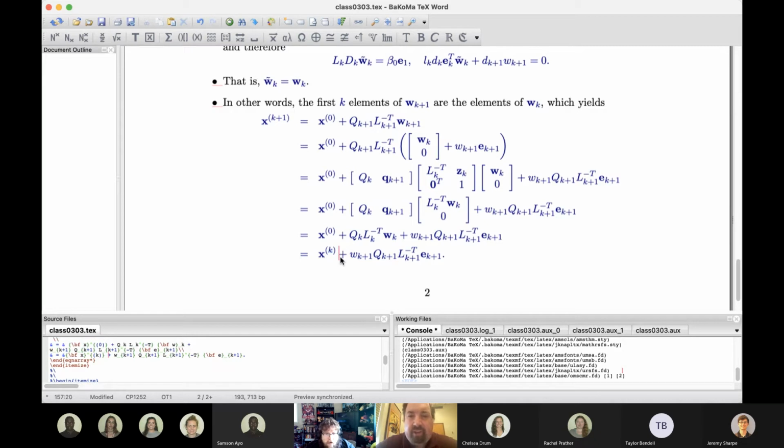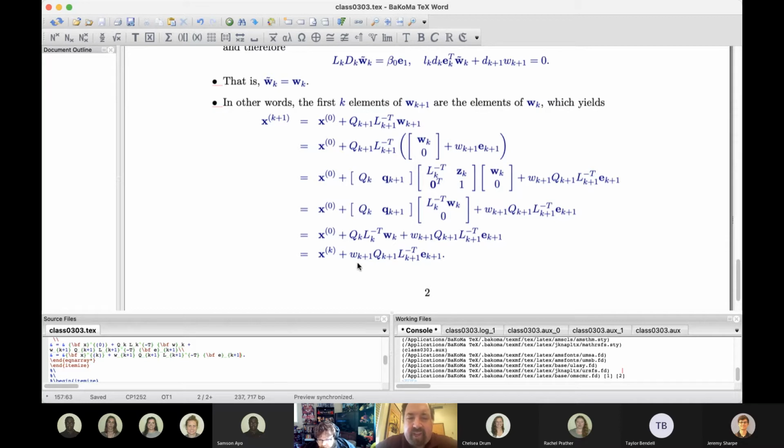Everything I've done up to this point is with this goal in mind. This is the whole thing we were chasing. x_{k+1}, the new iterate, is now equal to the previous iterate plus some update. Because that's how a non-stationary method ought to work. We go from one iterate to the next, and each iterate is just the latest one plus some kind of update.